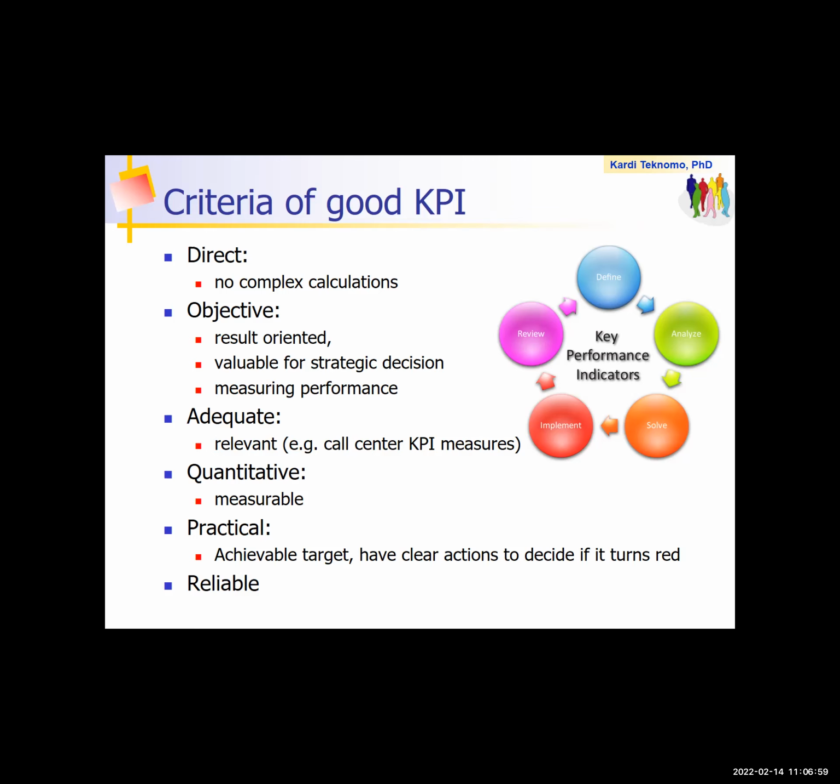You should be able to measure quantitatively. Next is relevant or adequate. Should be quantitative, that means you can measure it, and should be practical, meaning you don't define your target too high or too low, so that you can really achieve within the target time that you set, for example, 1 year or 1 month. And this must be reliable also.